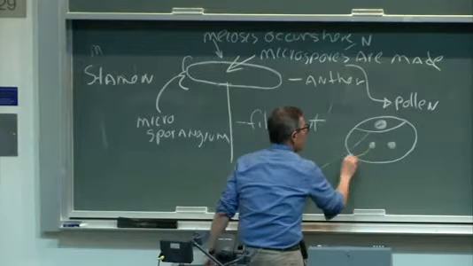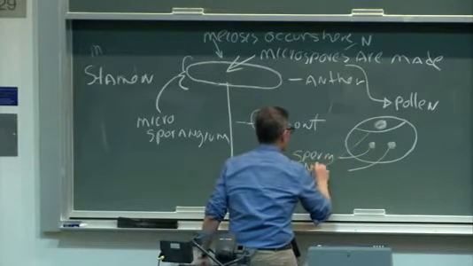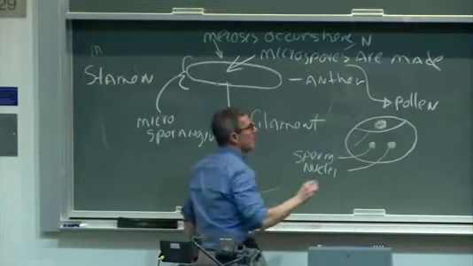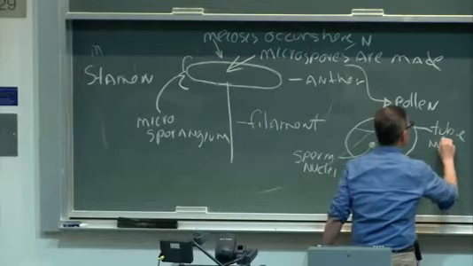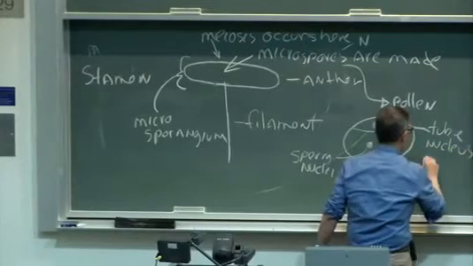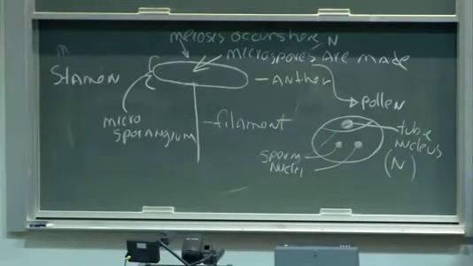These two nuclei are called the sperm nuclei. You'll see why in a moment. And this one is called the tube nucleus. They are all N. So now we've produced the pollen, and it's ready to be distributed and for fertilization to occur.